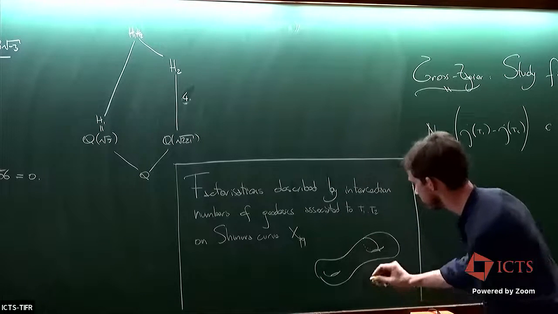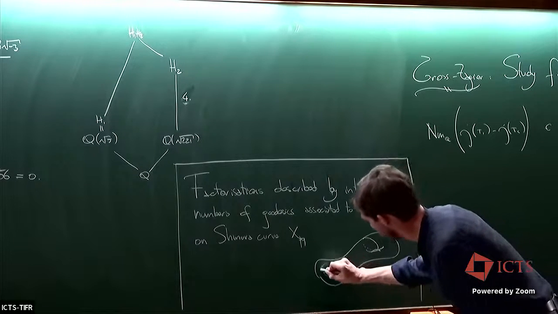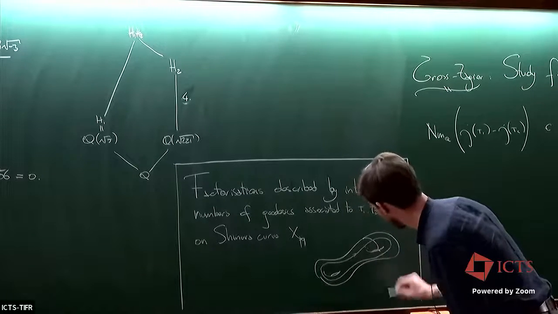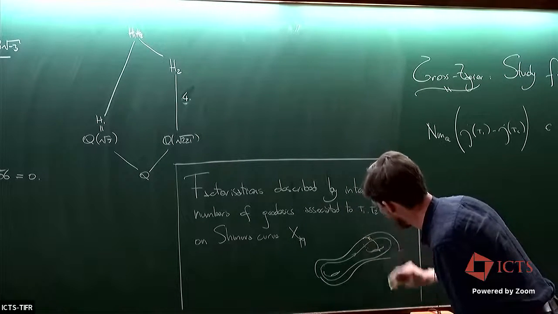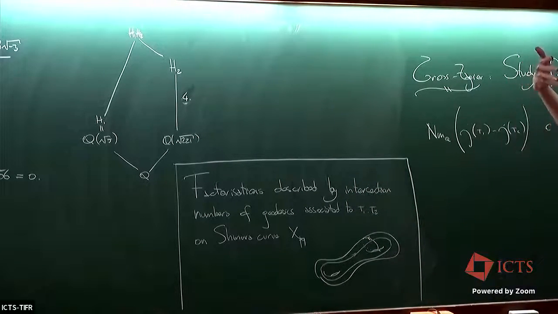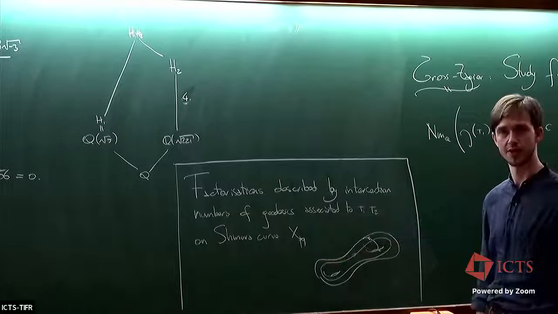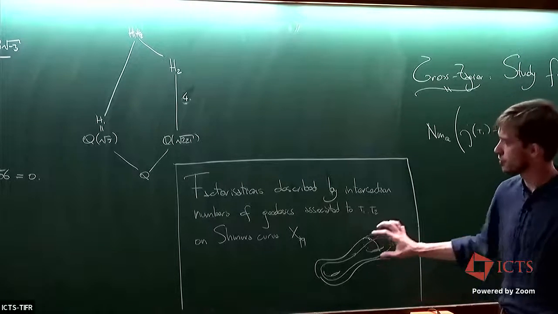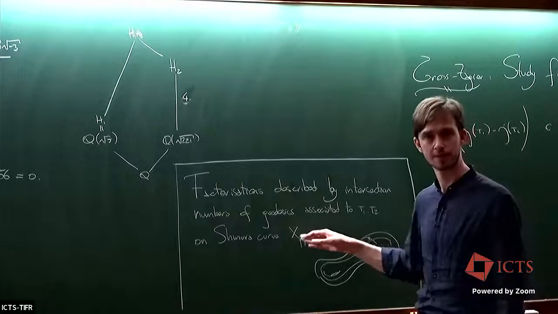One might lie here, and then the other might loop around or something. By taking the geodesic connecting tau 1 and tau 1 prime in the upper half plane, and just taking the image in the quotient that describes the uniformization of X_PQ. Okay? So a different Shimura curve for every prime Q that we pick.